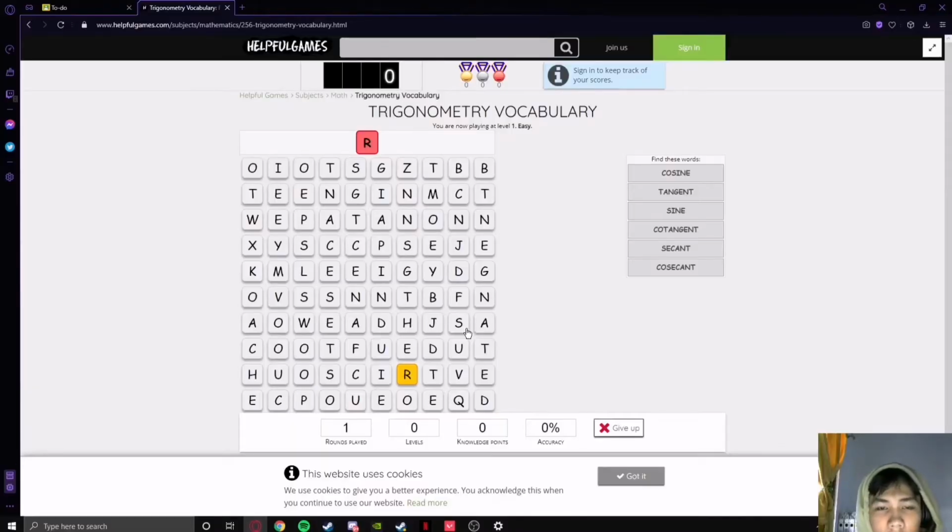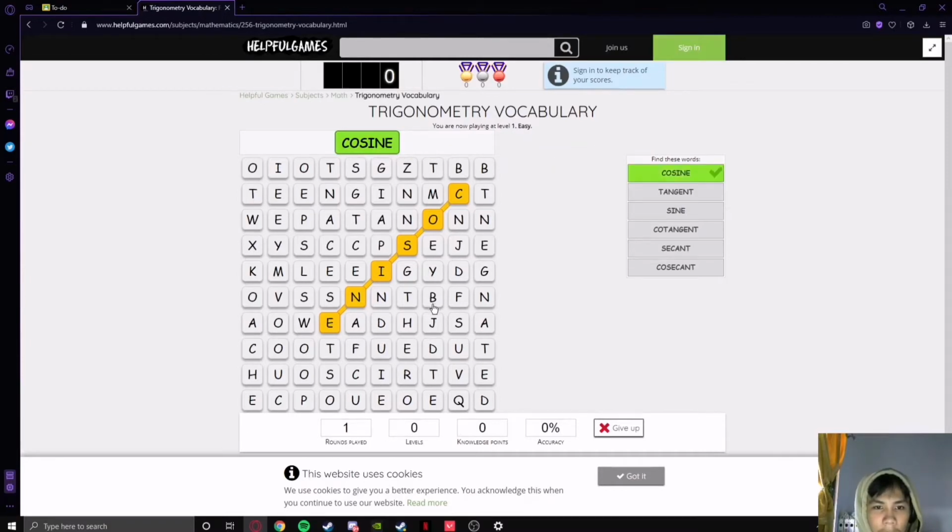Hey guys, today we're going to be playing trigonometry vocabulary, and this is like a word cross game where you have to look for the words here: cosine, tangent, sine, cotangent, secant, and cosecant. We're going to highlight the words we see. For example, I already see cosine, so that's our first word.